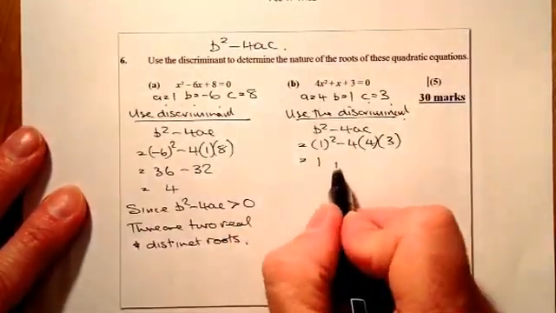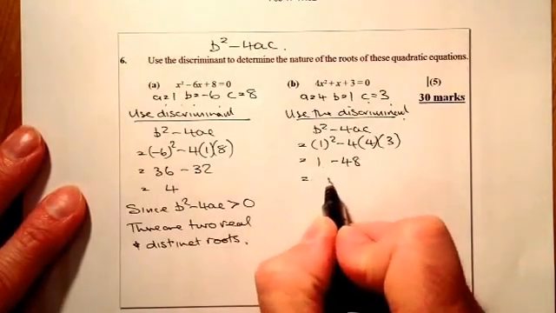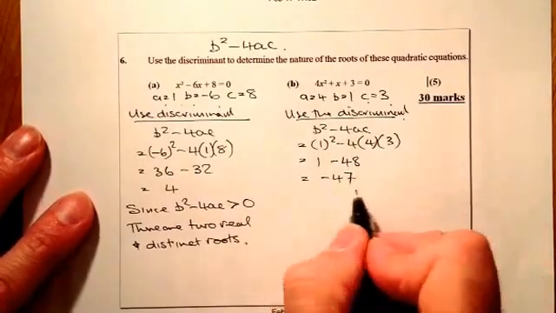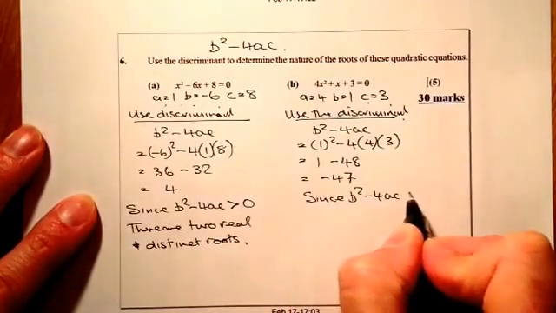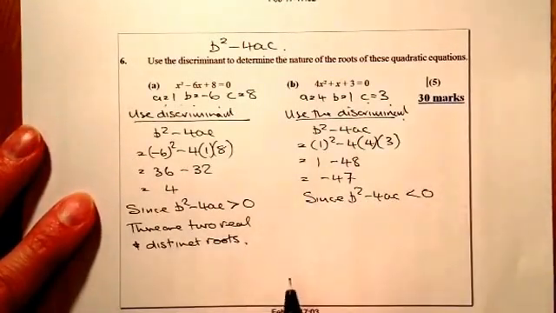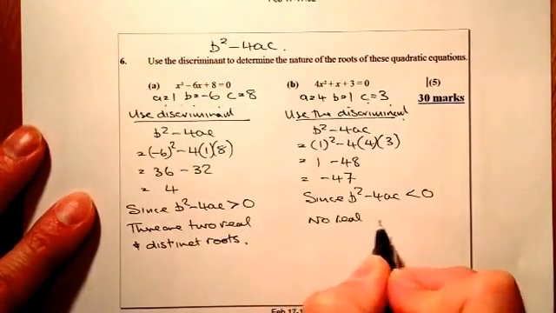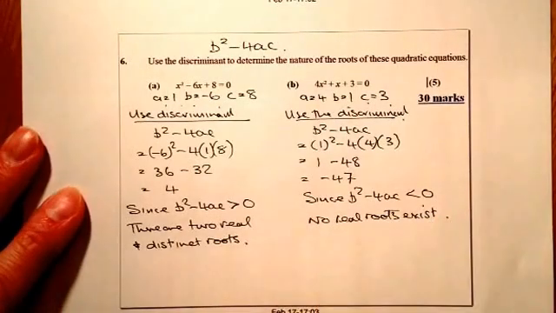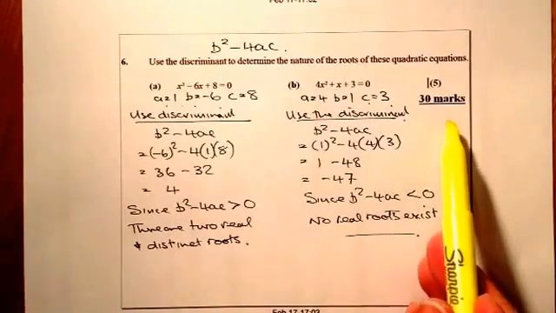So what we've got is 1, and that's going to be minus 48, and that'll give me minus 47. Negative number, less than 0, so since b squared minus 4ac is less than 0, there are no real roots exist. That's it, complete.